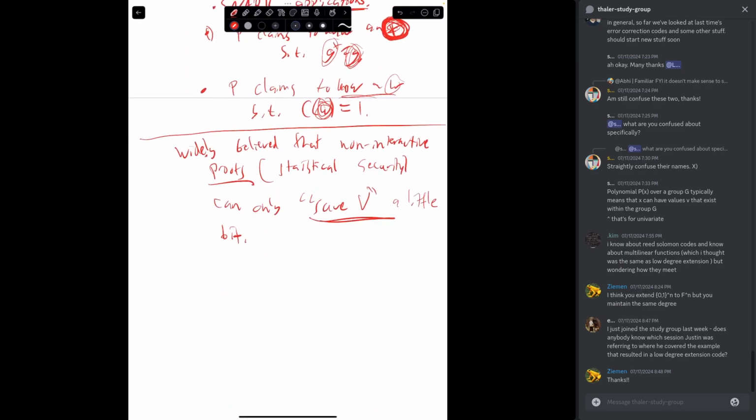Frivold saves the verifier time. Another notion of savings is how long the proof is.